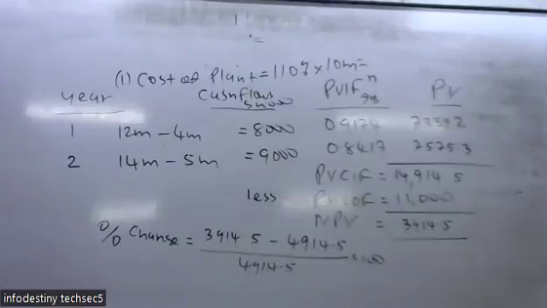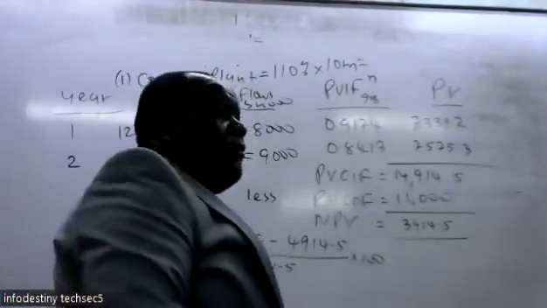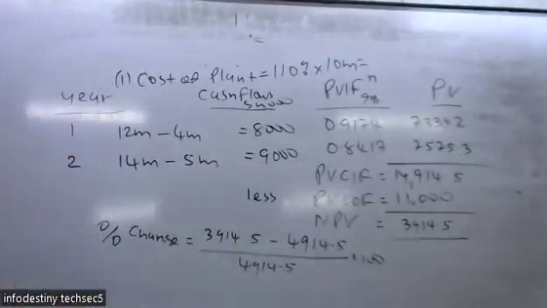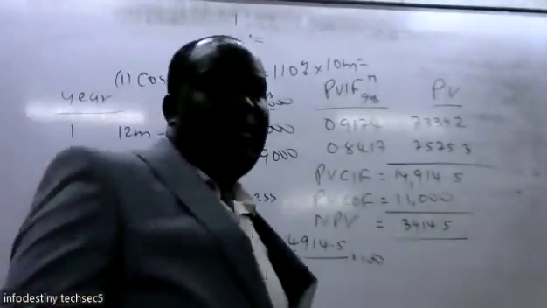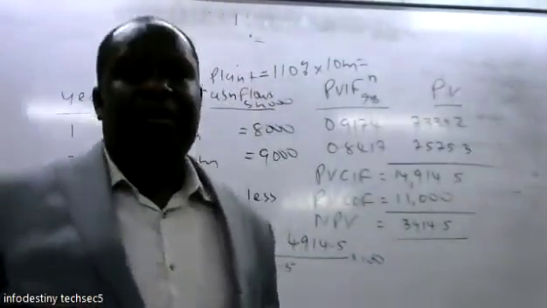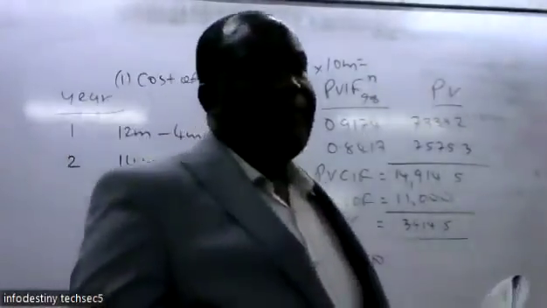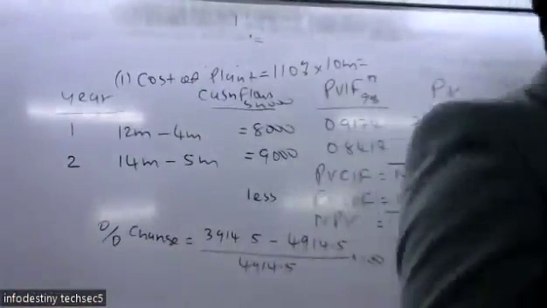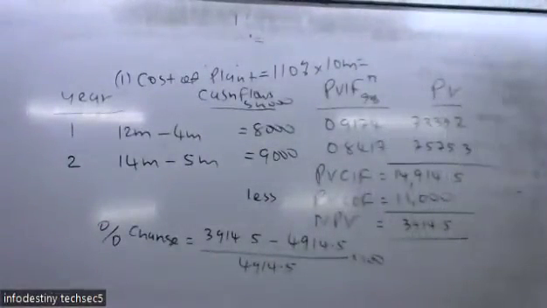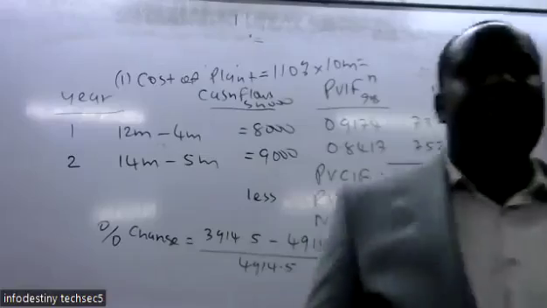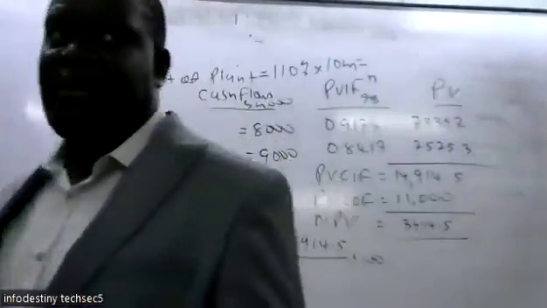When we increase the initial cost by 10%, that variable should change by what percent? So that is now for the cost of the plant.